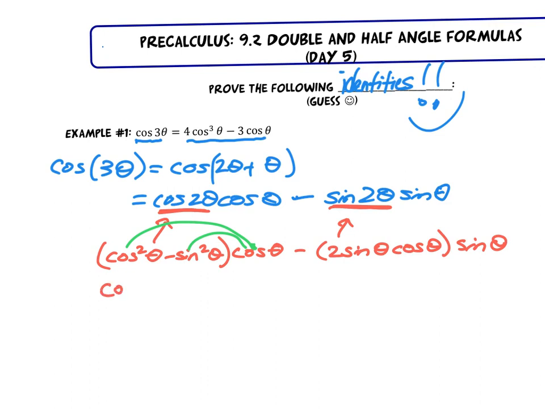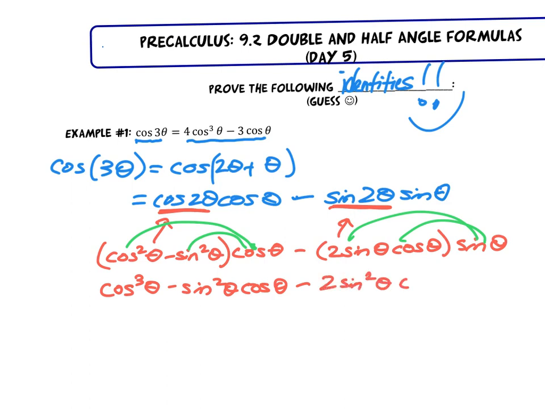Minus, when I distribute the sine, you're going to get minus 2 sine squared theta cosine theta.